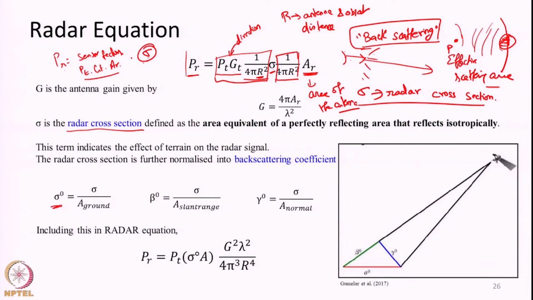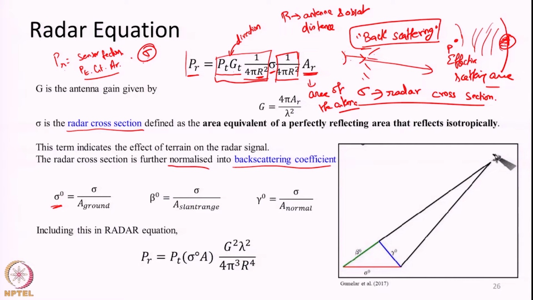But in order to normalize this, in order to bring it to some sort of standard, we will convert that to what is known as a radar back scattering coefficient. This is denoted here as sigma naught. The radar cross section is normalized further to the back scattering coefficient.